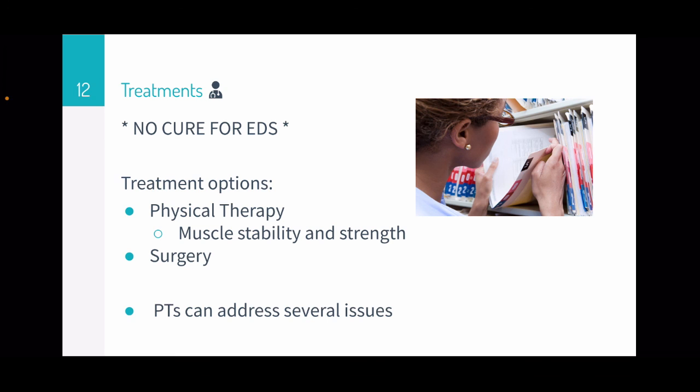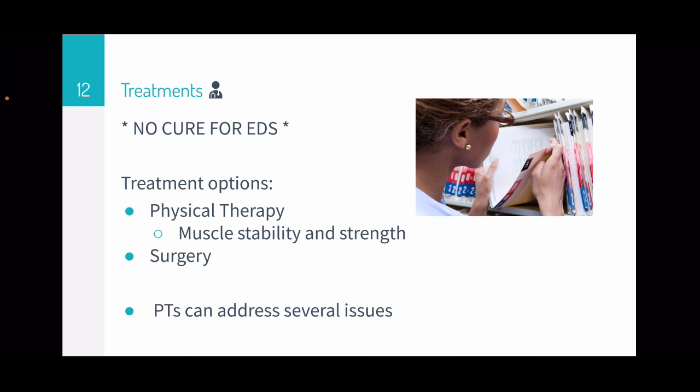They can go to physical therapists, who can address complaints of pain and functional limitations and give you the right exercises to get the strength and stability to be less clumsy, which is known in people diagnosed with EDS because of those symptoms.